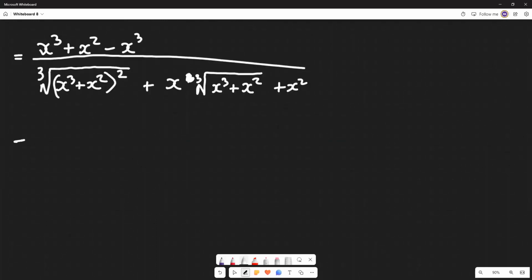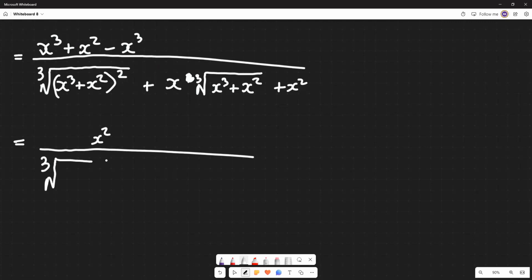This will cancel. That's why at the top you're left with x squared. And then at the bottom, you have cube root of, so ladies and gents, here I'm going to make 2 brackets because of the square. So it's x cubed plus x squared, and then you have another x cubed plus x squared.